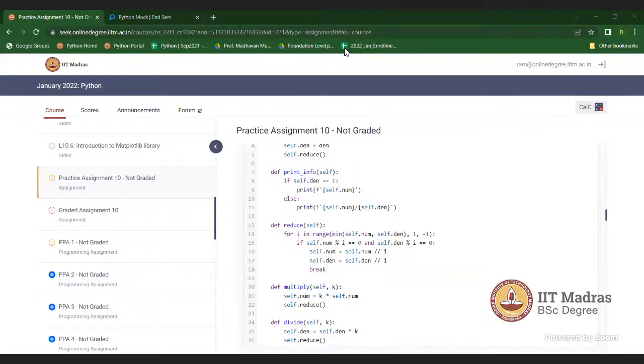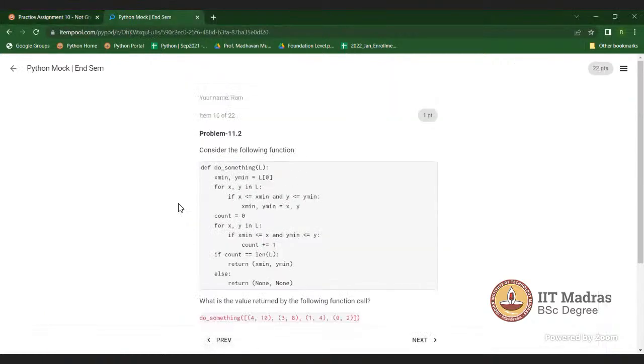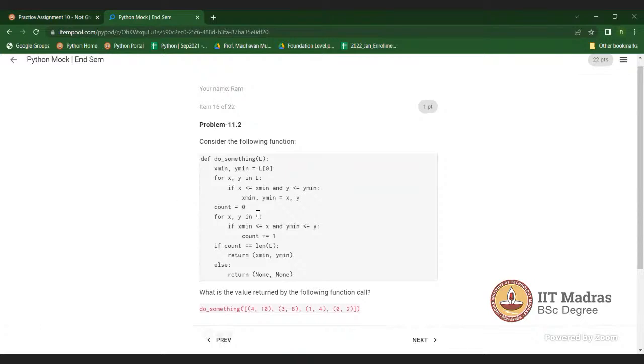Okay. Sir, enter mock questions 16 and 17. Question 16 and 17, yeah. Will we have the same number of questions as the mock in the interim? No, we are going to have like 15 questions, not 22 questions.